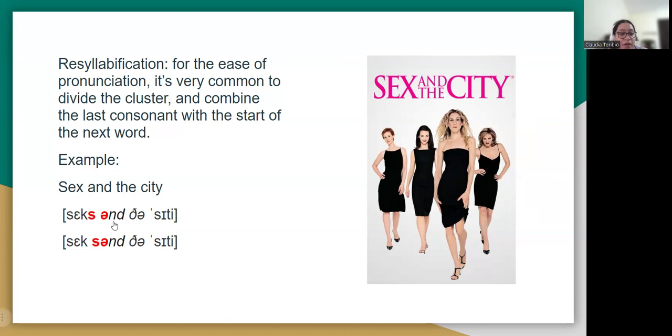And what happens here is, instead of saying Sex and the City, usually what happens is that the S is combined with our schwa here. So it would not be Sex and the City, rather Sex and the City.